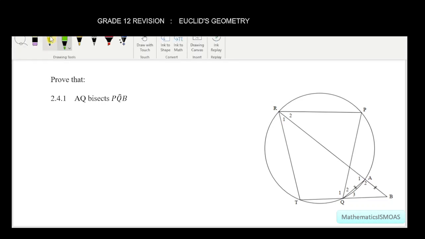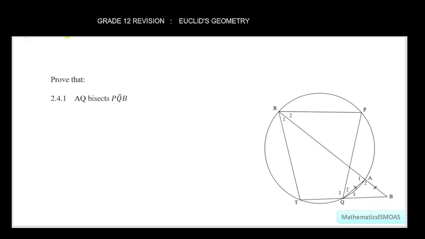So we'll first start by saying let angle R1 equal X, and then from there we will say angle R1 is equal to angle R2.